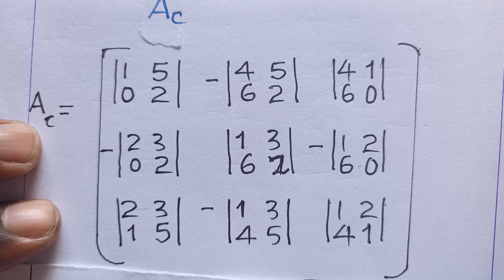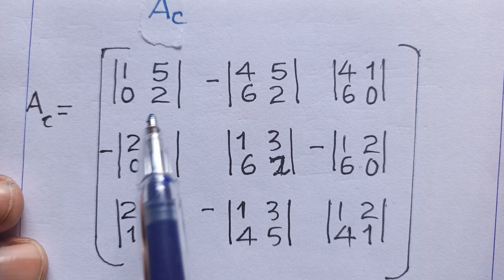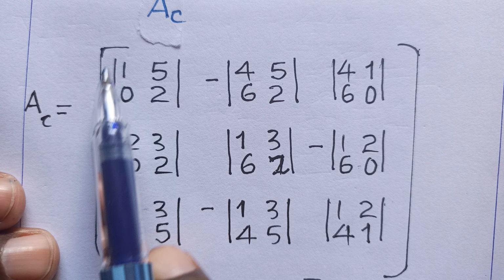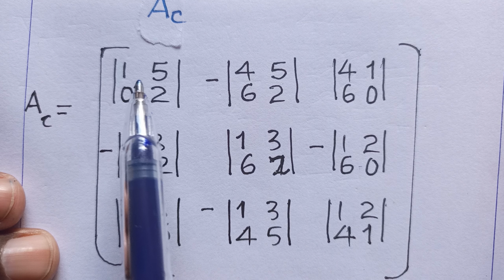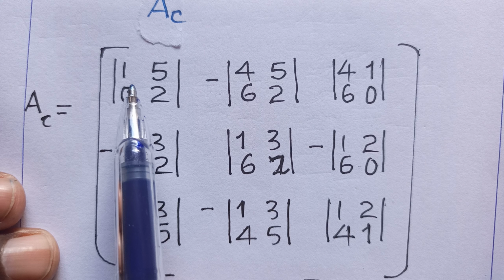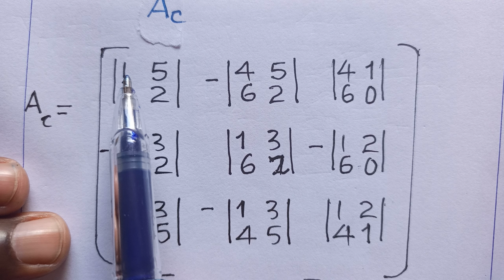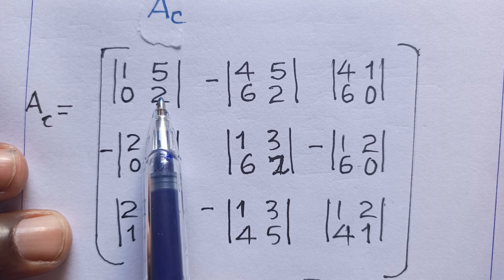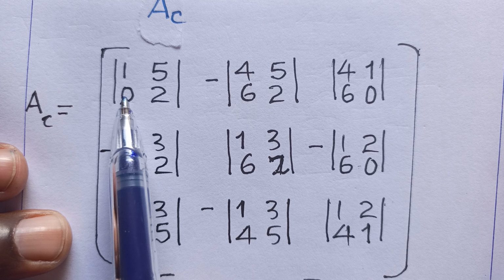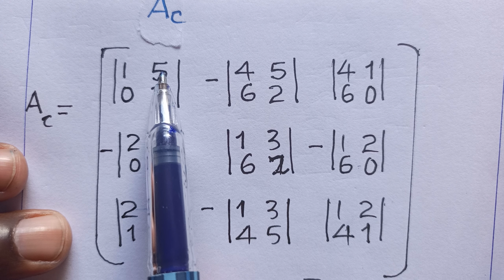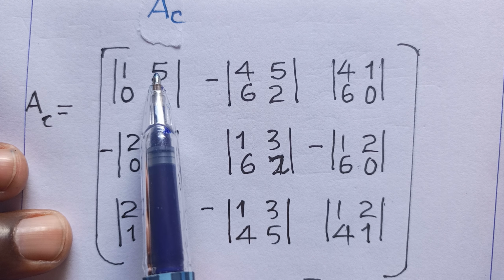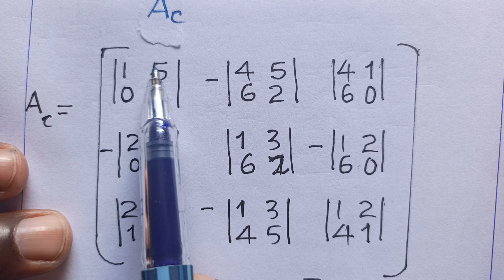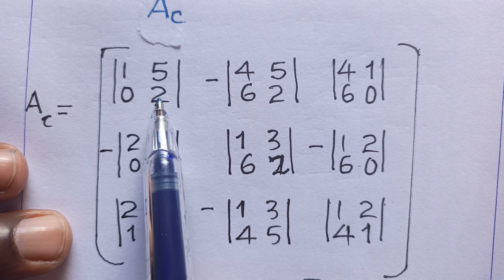After we have done that, guys, now we go ahead and find the determinant of each of them. Not really the determinant, but guys, we find the product of the major diagonal and the product of the minor diagonal, and we subtract the minor diagonal from the major diagonal.